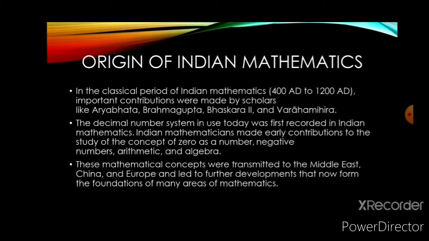The decimal number system in use today was first recorded in Indian mathematics. Indian mathematics made early contributions to the study of the concept of zero as a number, negative numbers, arithmetic, and algebra. These mathematical concepts were transmitted to the Middle East, China, and Europe and led to further developments that now form the foundation of many areas of mathematics.